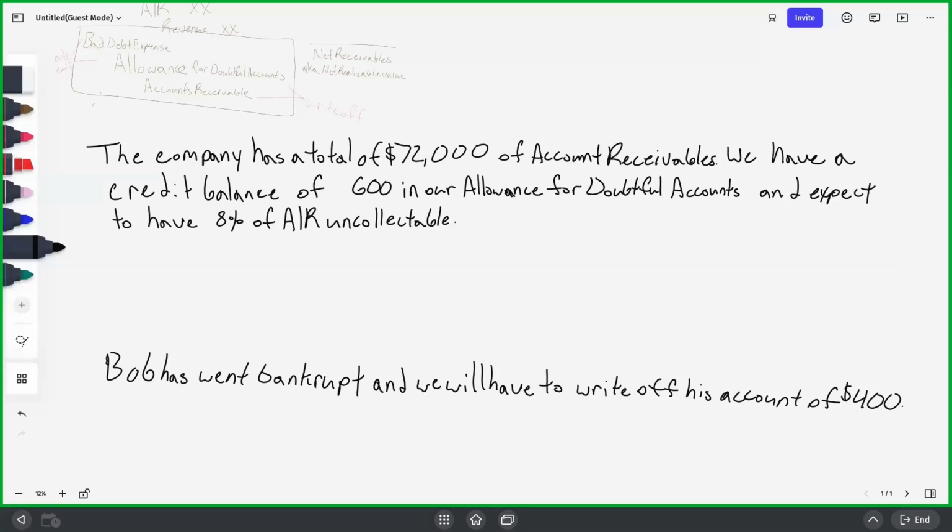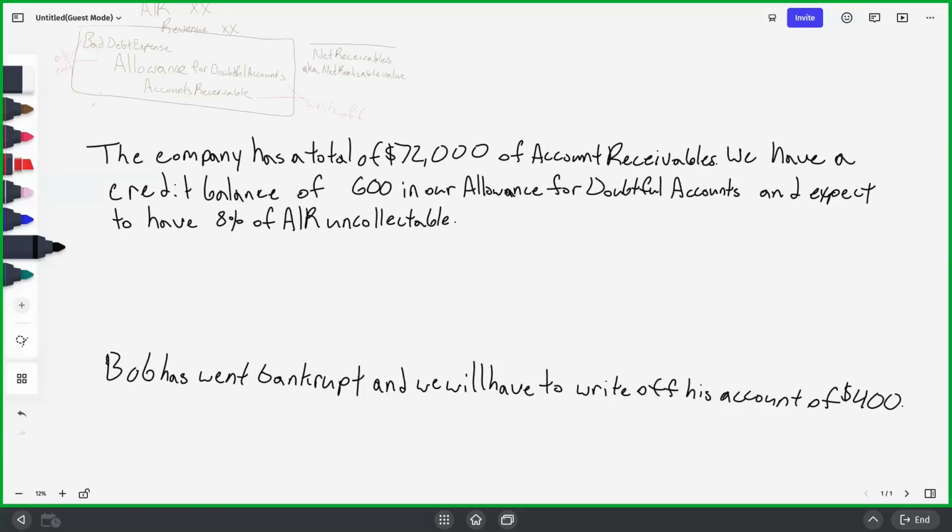So we have this, let's start. This might be better visualized with a T-account, at least for the ADA specifically. Make a T-account first. Where are the credits? How do you find the ending balance?